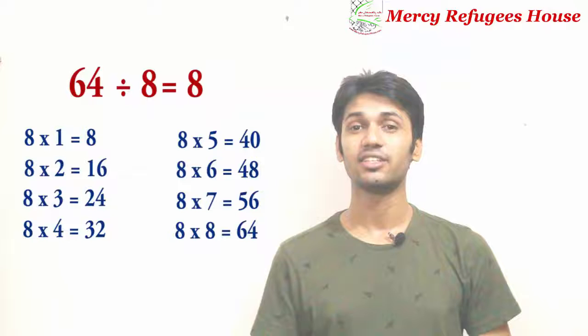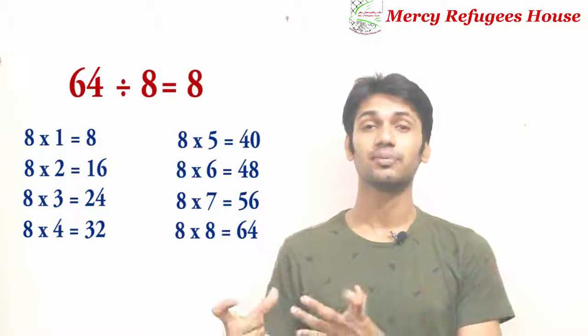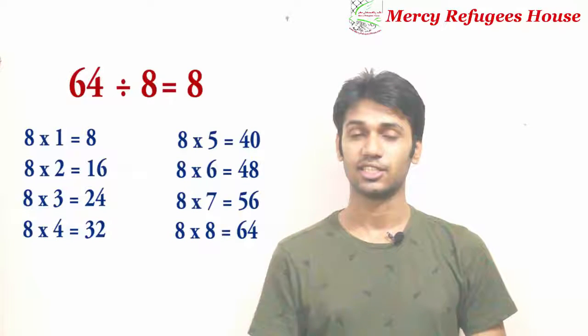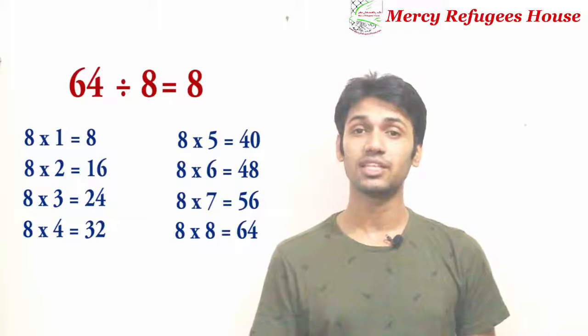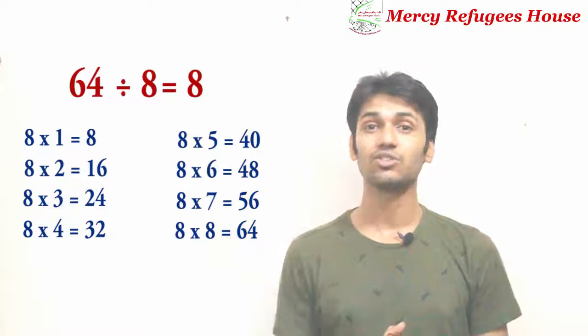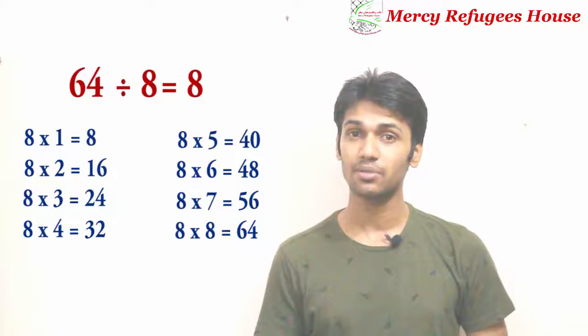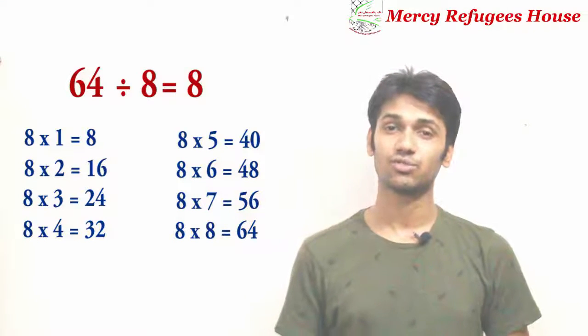Similarly, go to this one, like 64 divided by 8. What is the answer? The answer is 8. How do we get it? Look at this. The divisor here is 8. And what is the total number? It's 64. Which multiplication table should the student use?